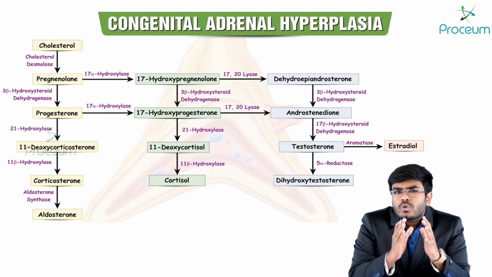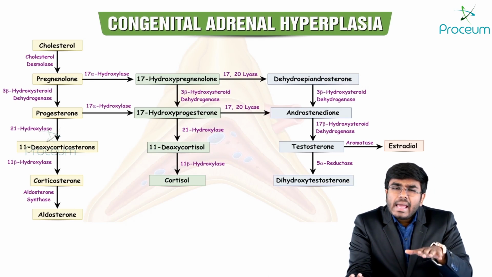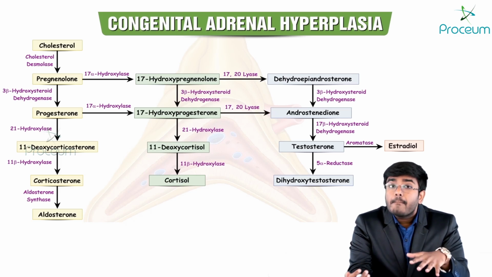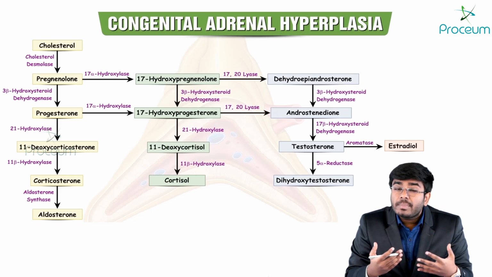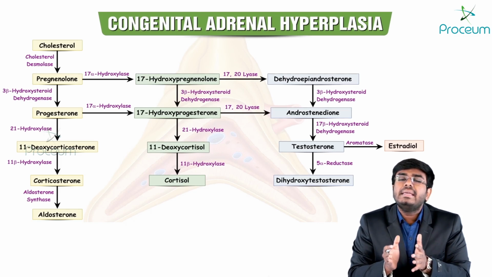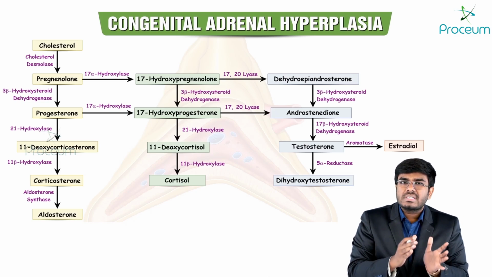It's an autosomal recessive disorder where a karyotypically female, karyotypically she is a female, but phenotypically looks like a male. So let's see why a female looks like a male.